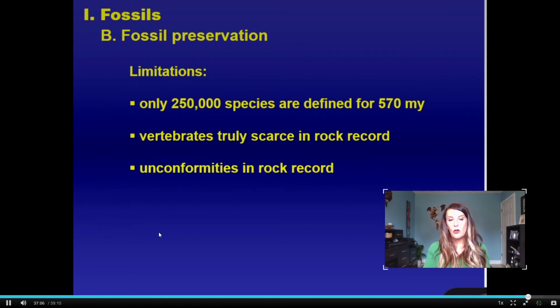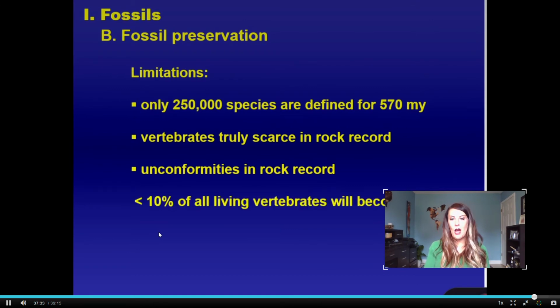And you'll remember this term, unconformity, from when we talked about stratigraphy, remembering that you can have erosion that happens. So an unconformity is a gap in the fossil record where you have erosion. And so even if those fossils had made it into the stratigraphy, sometimes they can be destroyed, unfortunately.